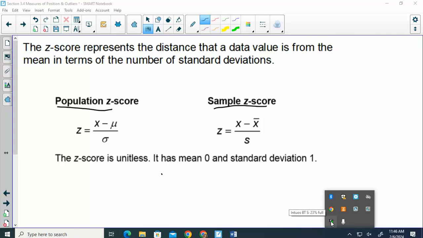The formulas, the only difference is notation: mu and sigma are the mean and standard deviation of the entire population, x bar and s are the mean and standard deviation of the sample, so either one. We don't have to write units on it, since it just measures standard deviations, so no units.